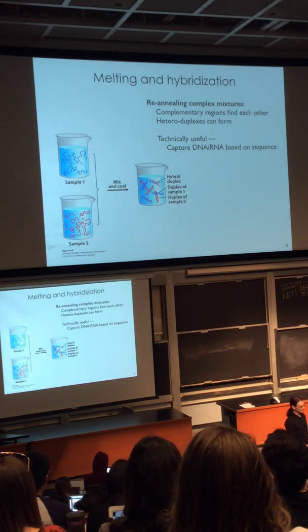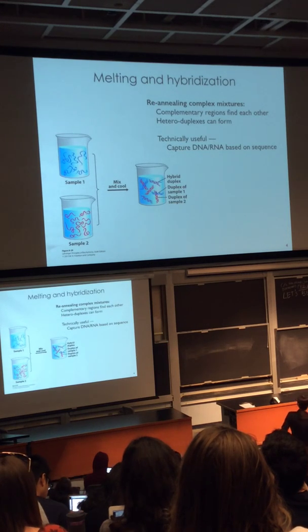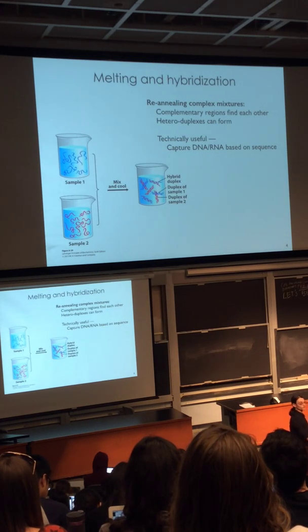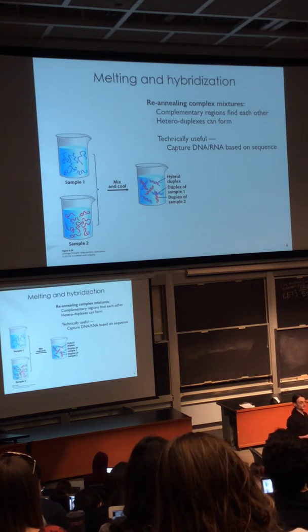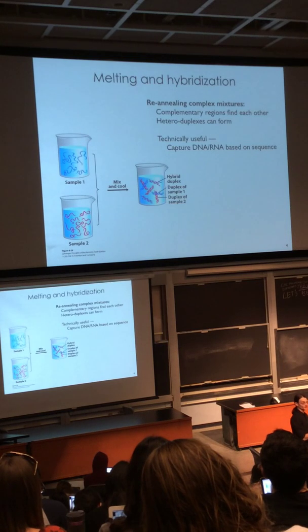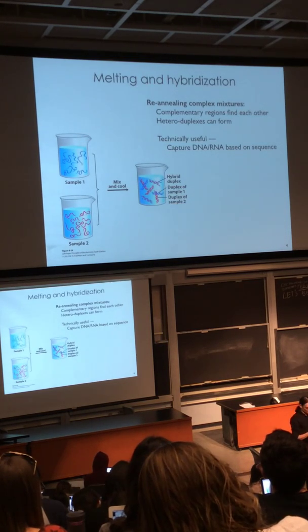So this is if you have some nucleic acid strands in the blue sample that are complementary to some in the red sample. When you melt them both apart, mix them together while they're still melted, and then cool them back down, they can find complementary strands, whether they came from the same sample or a different sample.